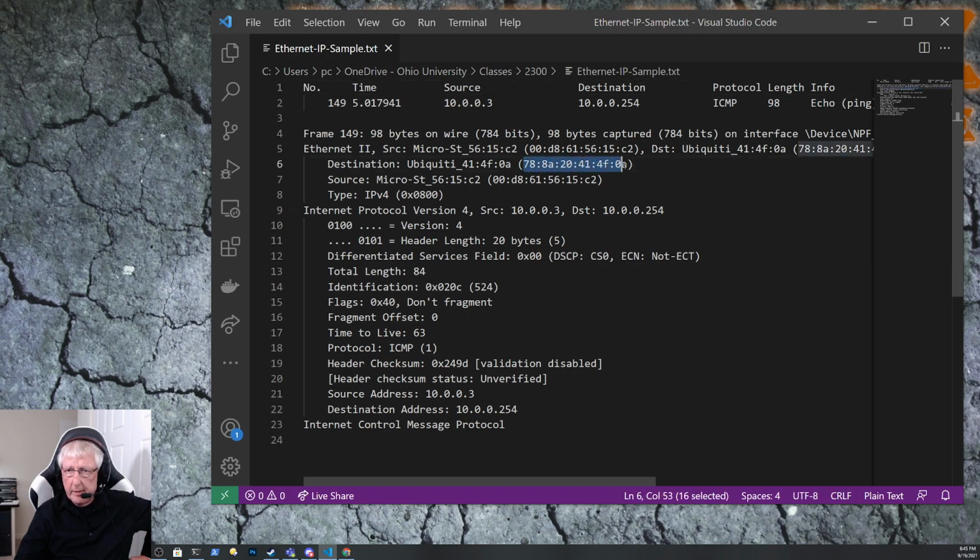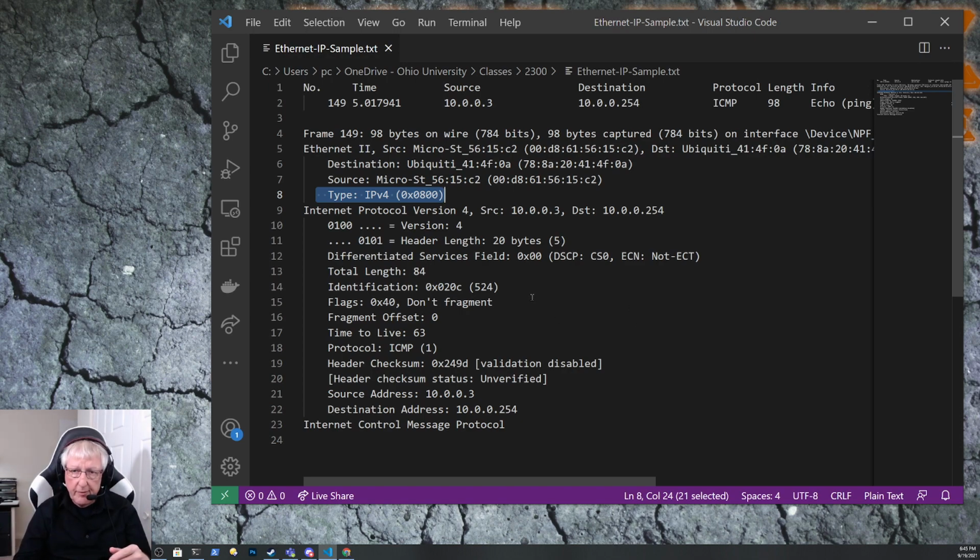A quick reminder: Ethernet addresses are 48 bits, or 6 groups of 2 hexadecimal digits each, 6 octets. The first half of them are vendor assigned, so they identify the vendor, which I let Wireshark substitute for us here. Again, important: the Ethernet header keeps track of what the payload is. So by looking at the Ethernet header, we know that the payload of the Ethernet packet is an IPv4 packet.